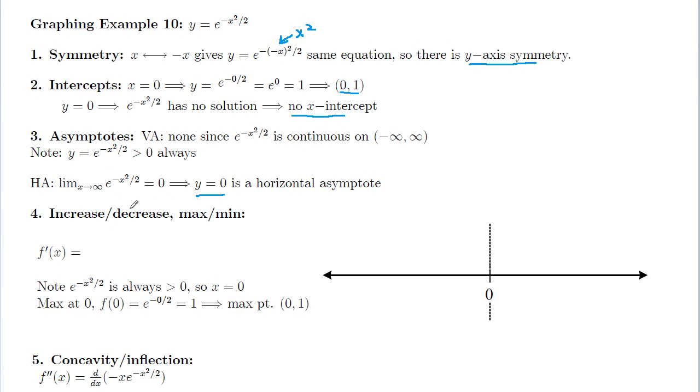For increase-decrease, we need a derivative here. So our original function here is e to the negative x squared over 2. That's e to a function. So if you differentiate e to a function, you get e to that function again, e to the negative x squared over 2, and then times the derivative of this inside function.